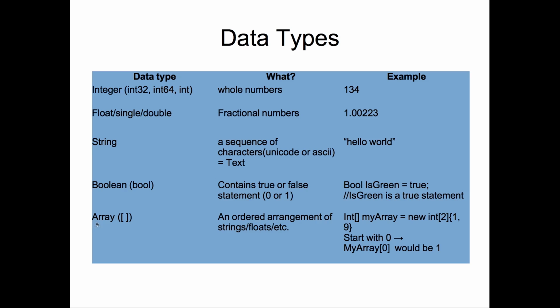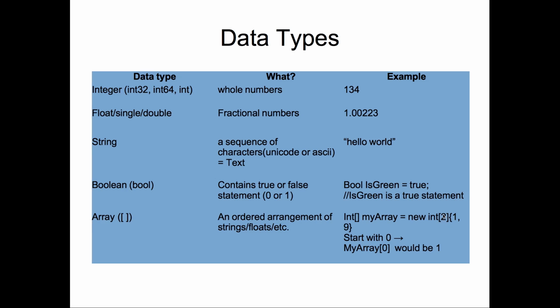Our last thing that we'll talk about in this video is an array. So an array is an ordered arrangement of strings, floats, or integers, or another data type. You can simply create a new array by writing the data type you want, in this case integer. Then give it a name and declare the new array.